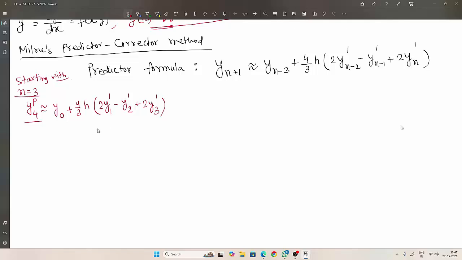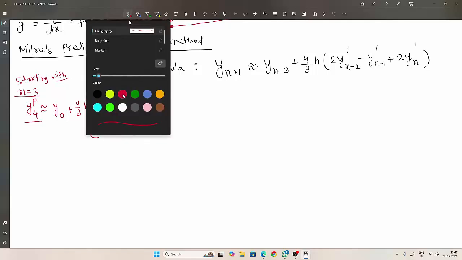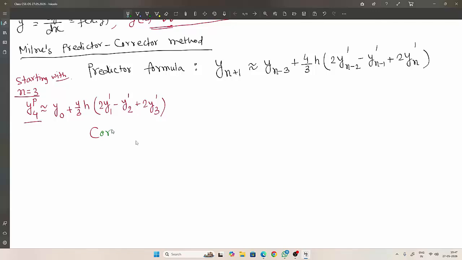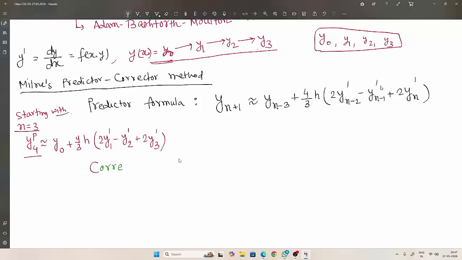Now, writing the corrector formula, and what is the corrector formula here? It is also something you have to remember. One thing, how to calculate this yn dash, this yn minus 1 dash, this yn minus 2 dash, how will you get all these values? Because you know that in the given ODE, y dash is given as f of x, y.